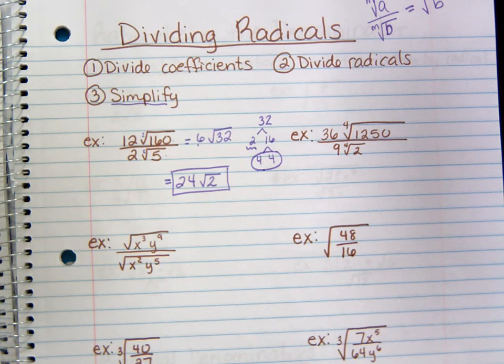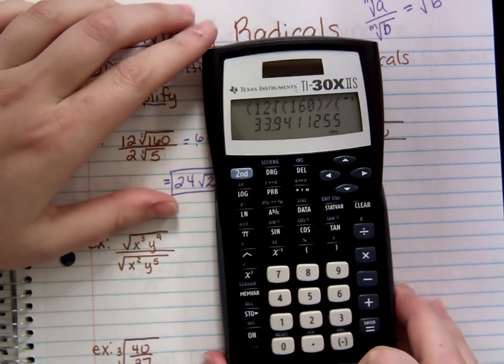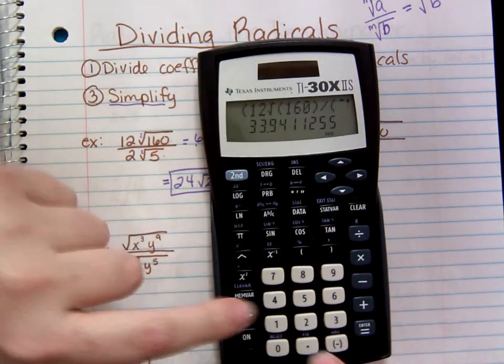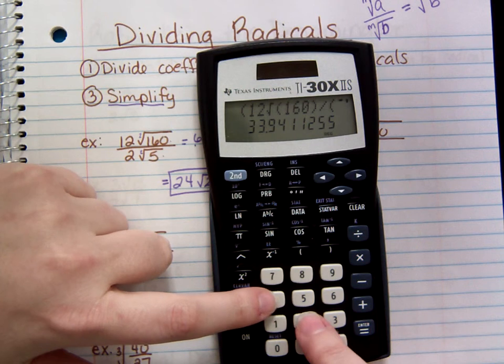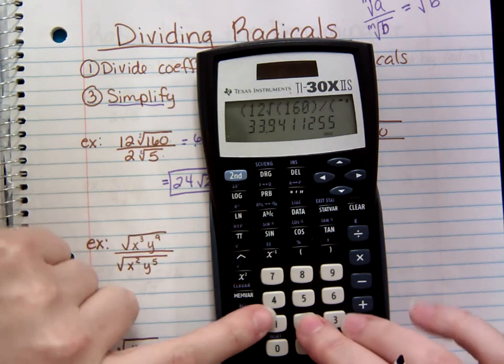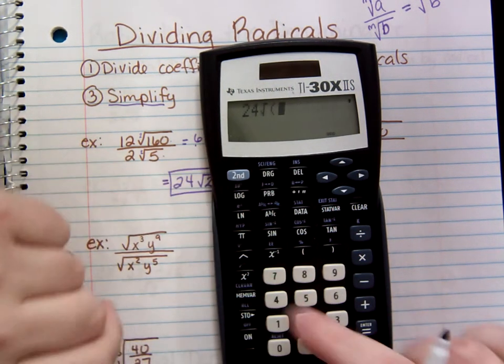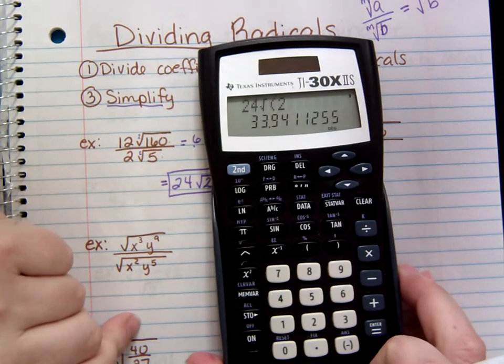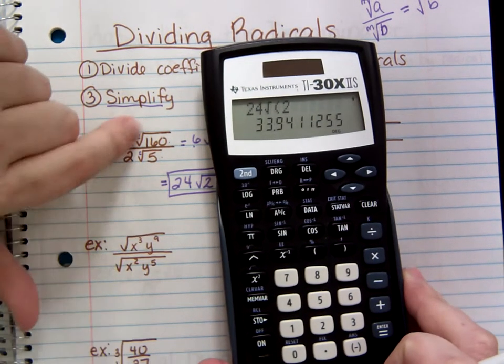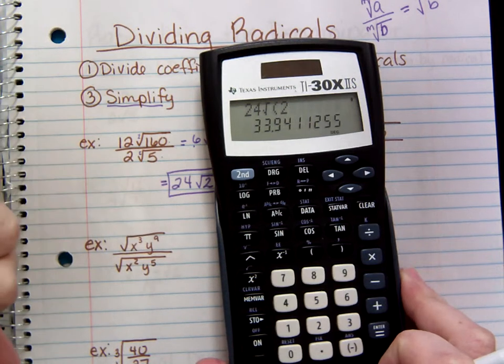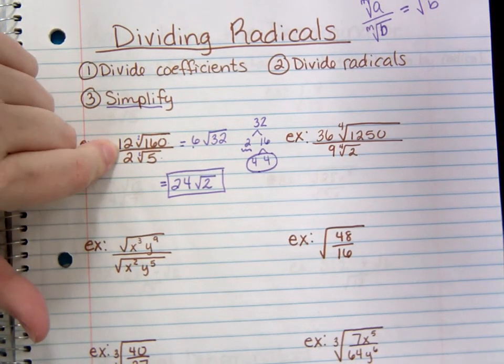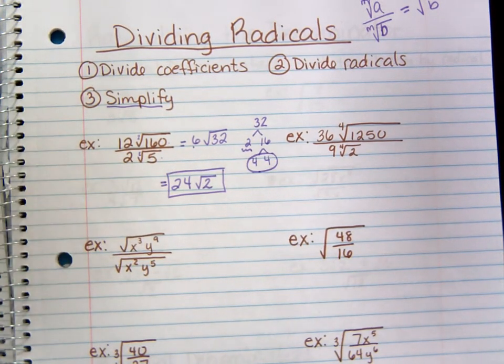Oops. 12 square root of 160 divided by, oh, that's where I went wrong. And you can get a number. Then if you type in your answer, so I got 33.94 something or other, okay, 24 square root of 2, I got the same decimal. So if you're not sure if you reduced it correctly, you can always put your original in and then put your answer in and see if you get the same decimals.